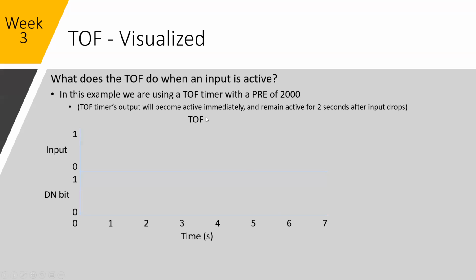Anyway, so for the T off, when the initial input is false, the initial output state is also false. When the input transitions from false to true, the output immediately transitions from false to true.